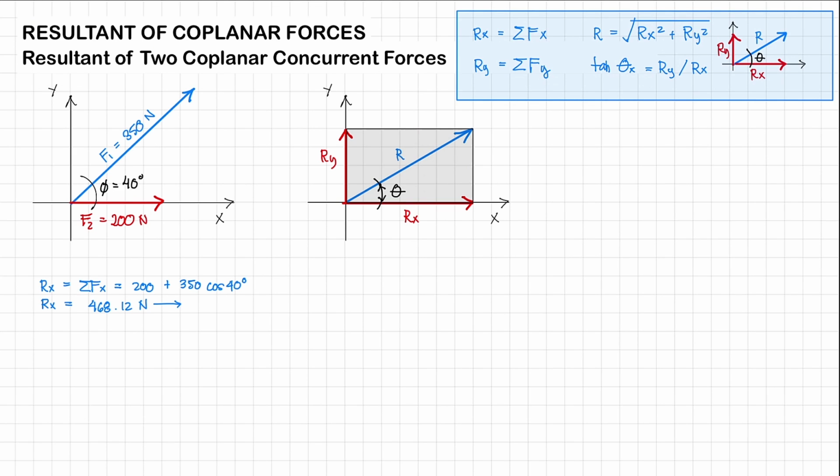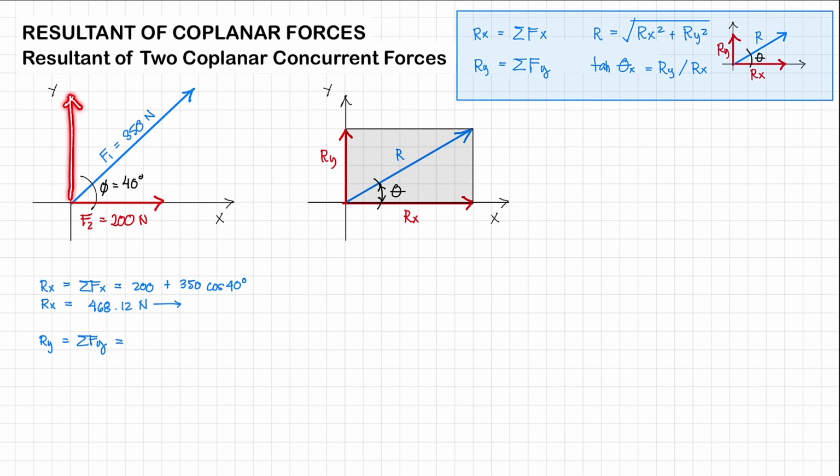Alright? Next, for the vertical component or Ry, this is just going to be the summation of our vertical forces. So for F2, we don't have any vertical components for this one, but our F1 has a vertical component.